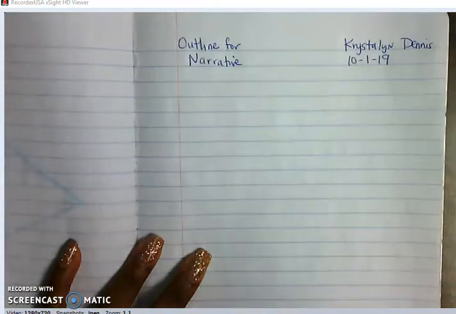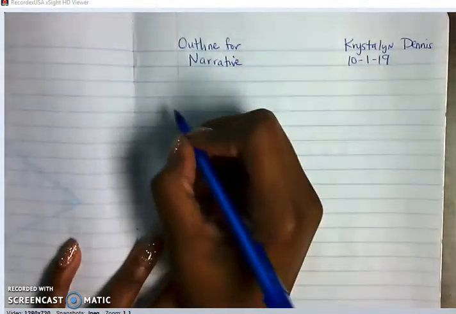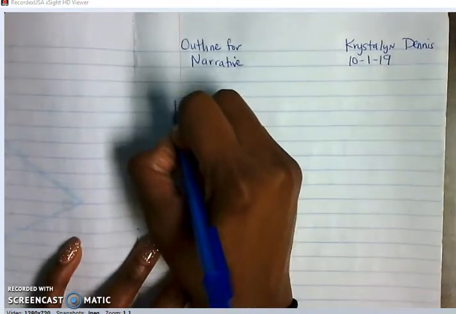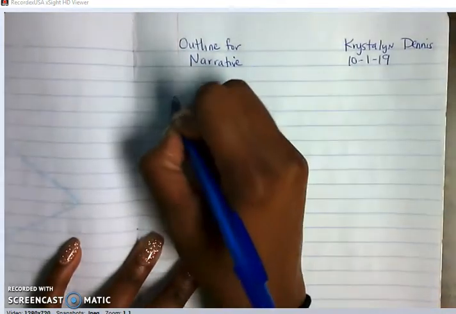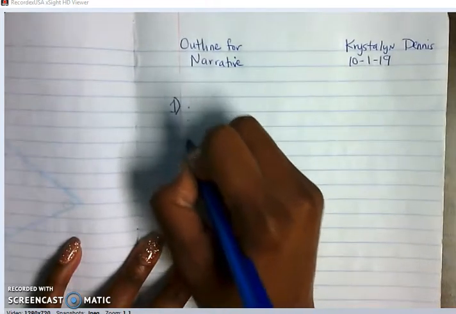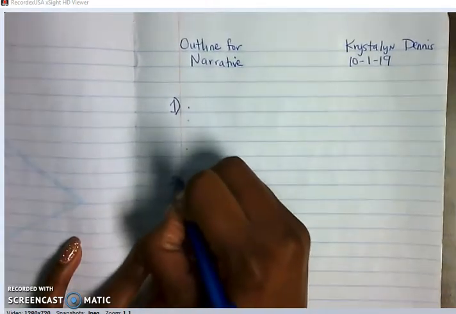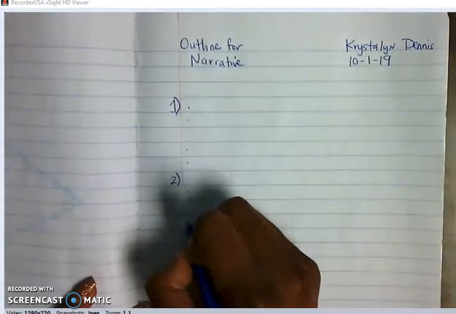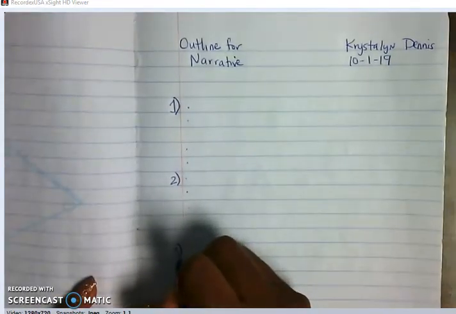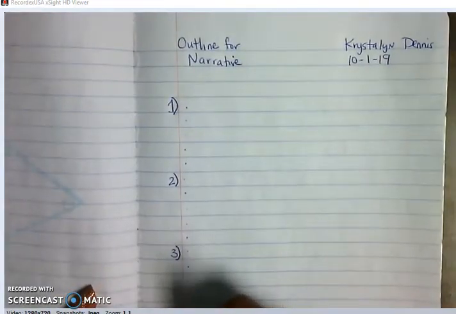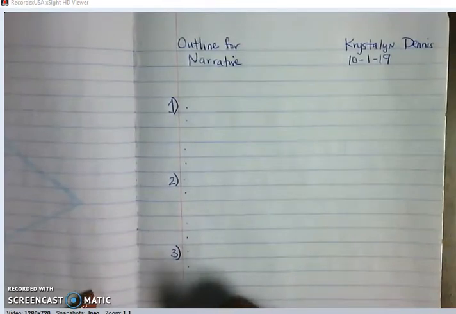So I'm going to start with my outline by just numbering 1 through 4. 1, and I'm going to leave some spaces in between. So here's number 1, 1, 2, 3, 4, 5, then 2, 1, 2, 3, 4, 5, 3, 1, 2, 3, 4, 5, and 4.